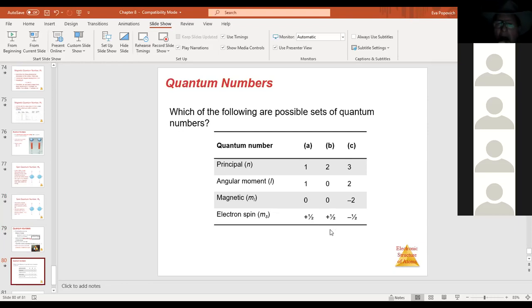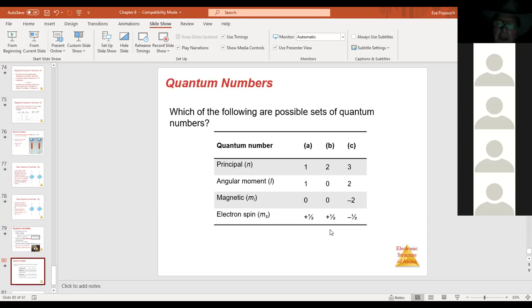L is equal to n minus 1, whole numbers down to 0. So can L be 0 if n is 2? L values can be n minus 1 down to 0, including 0. So yes, it's possible for L to be 0 if the n value is 2.